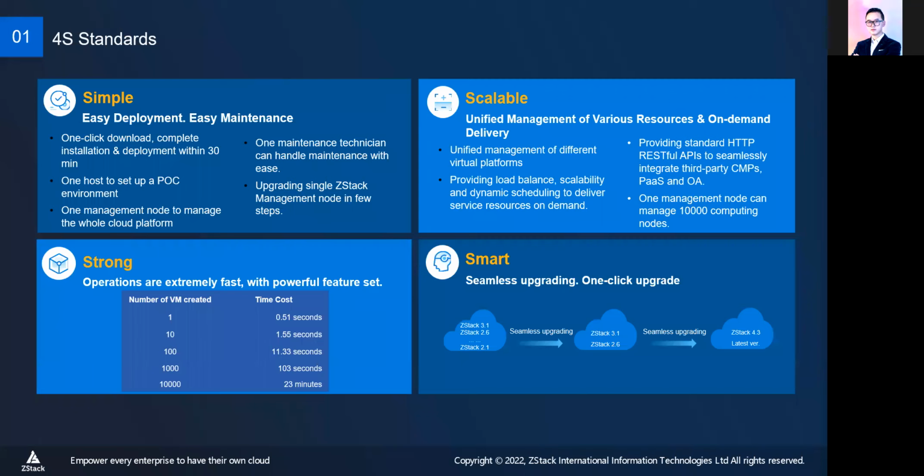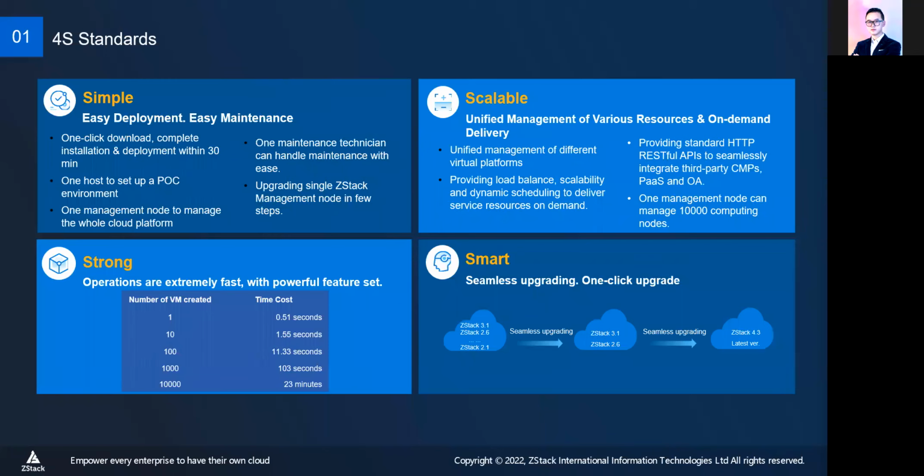Even OpenStack can only manage up to 2,000 hosts, and then it struggles. So our product has the best performance among all the private virtualization or private cloud products. We have data to prove that: to create 10,000 virtual machines, we only need 23 minutes.